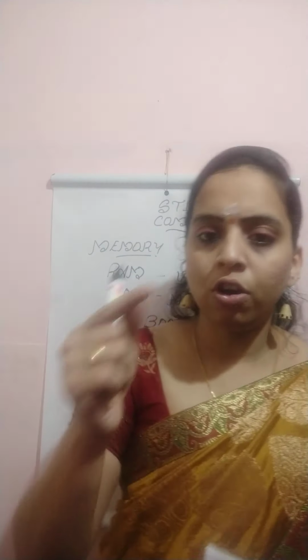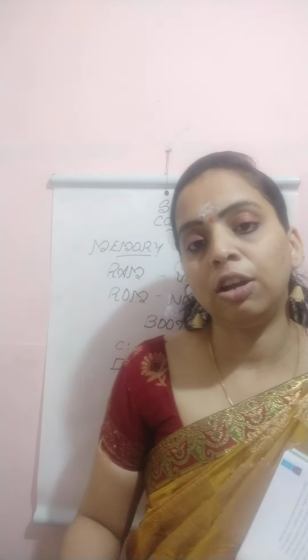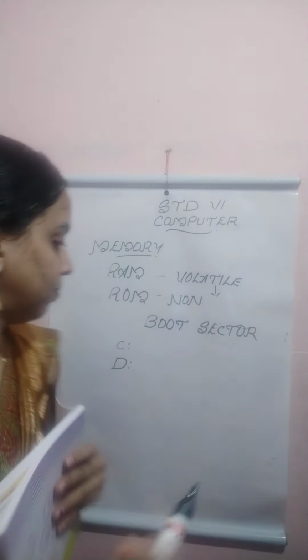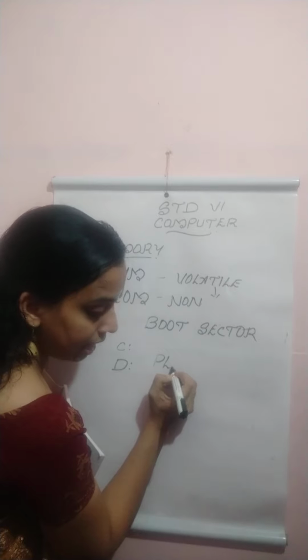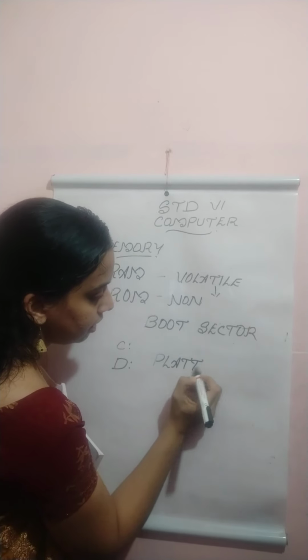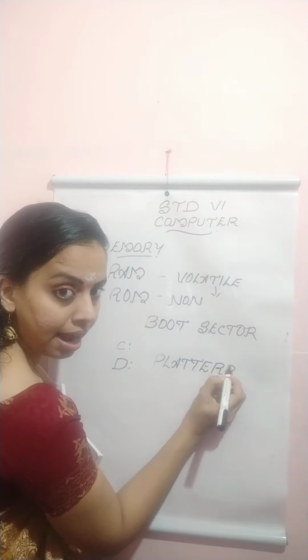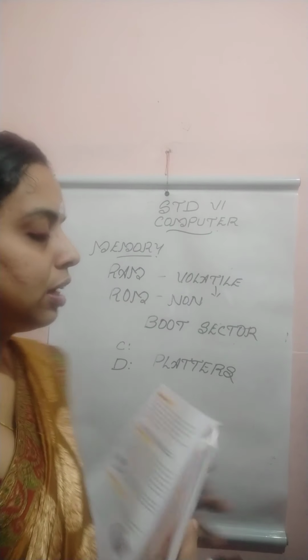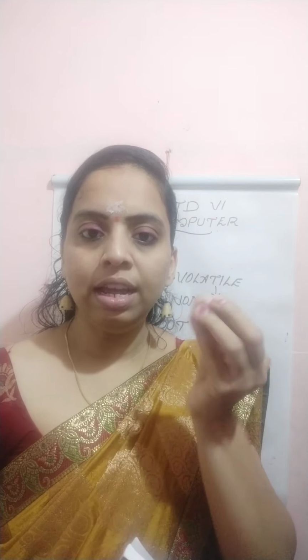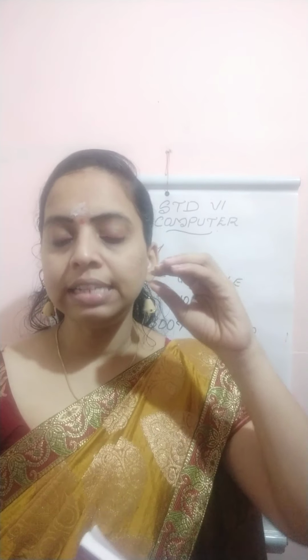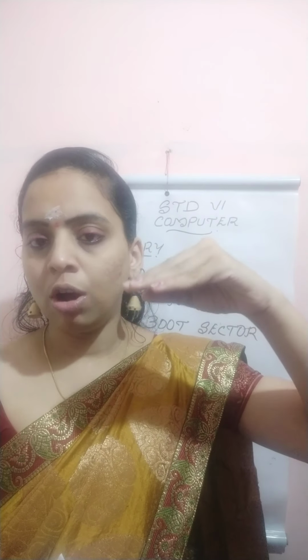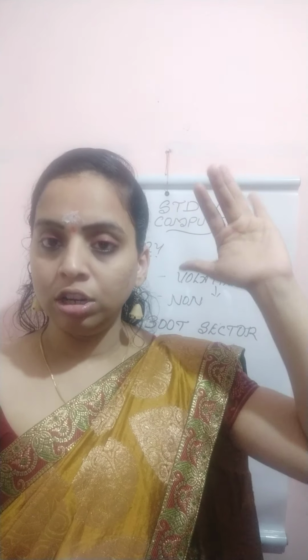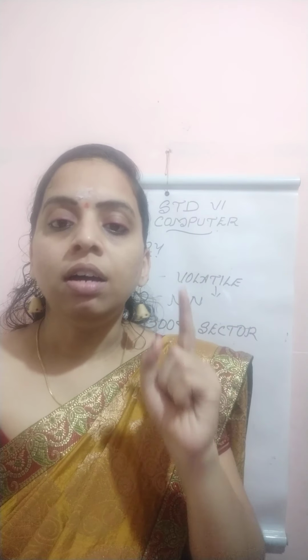Like this, the hard disk is manufactured in this box. Inside this box, the hard disk is placed like that. It is in the form of small CDs, and those are known as platters, P-L-A-T-T-E-R-S. It looks like a CD actually, very small in size, and they are placed one on top of another on a stick.